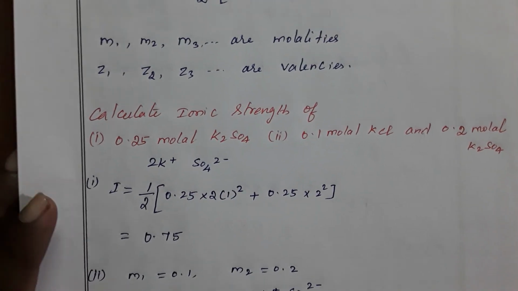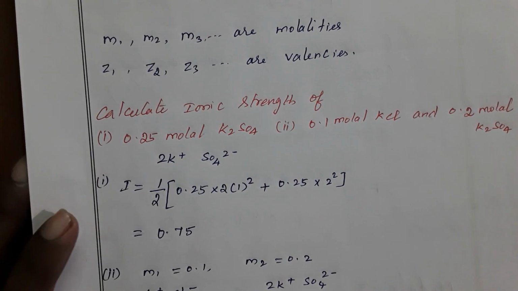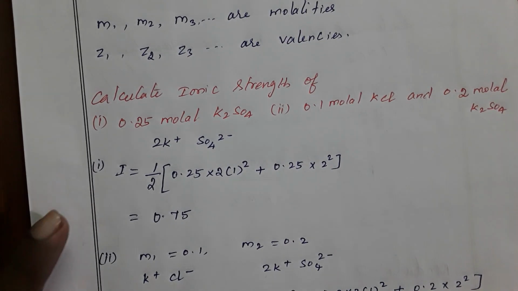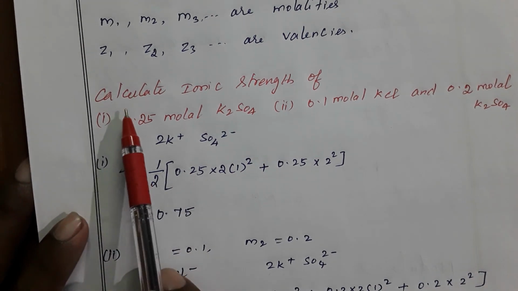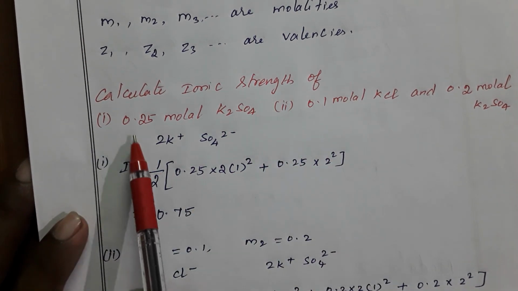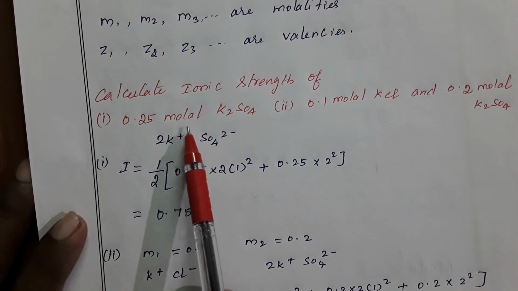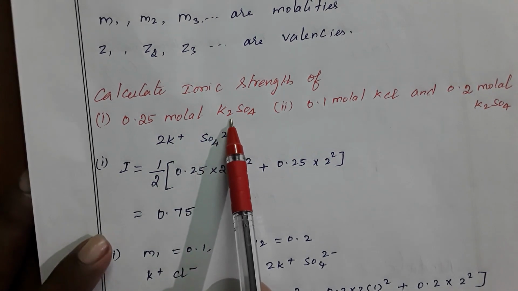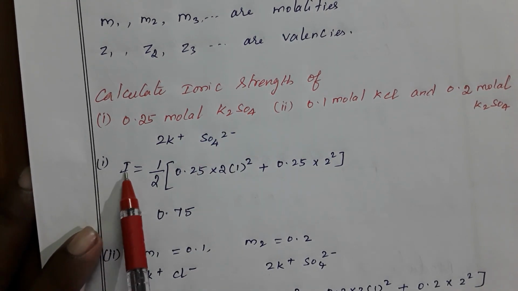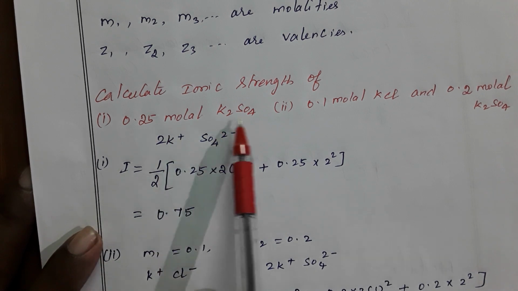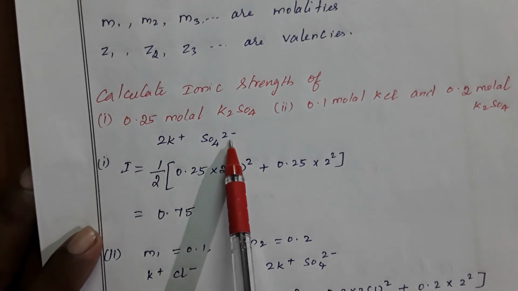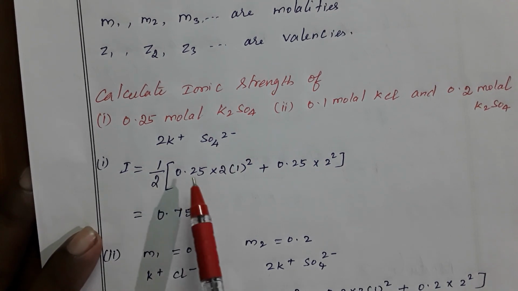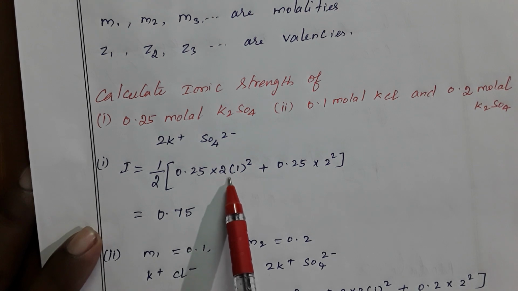Let's take two problems. From these two problems you can understand ionic strength well. First one: calculate the ionic strength of 0.25 molal potassium sulfate. For that, I equal to 1 by 2. Potassium sulfate dissociates into 2K plus and SO4 2 minus ions. 1 by 2, the molality is 0.25 into Z1 square.